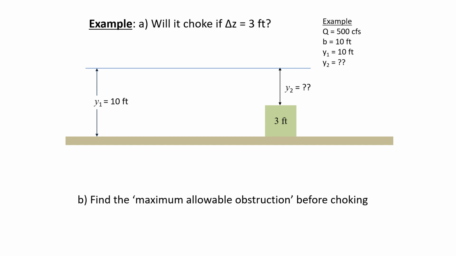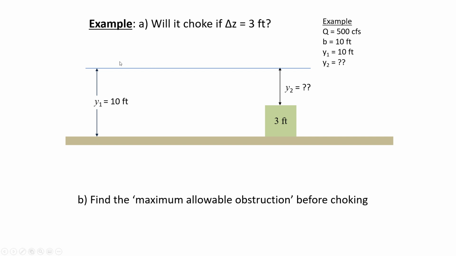Okay, so that's the critical depth. And what we can see is the minimum energy, E minimum, is 3/2 Y sub C. Let me do that calc. I've got it here on the page: 6.398 feet.